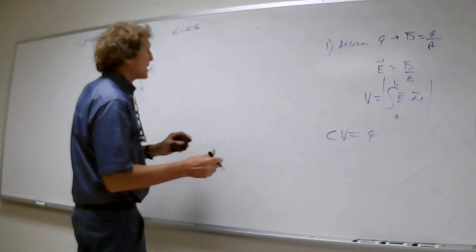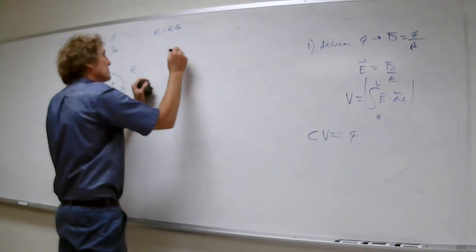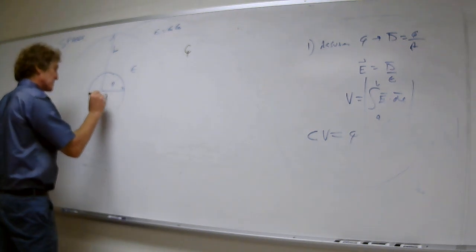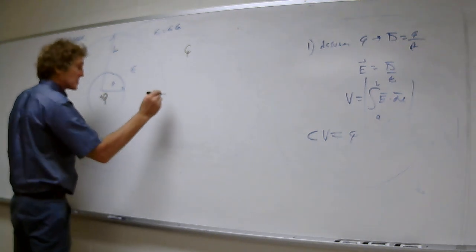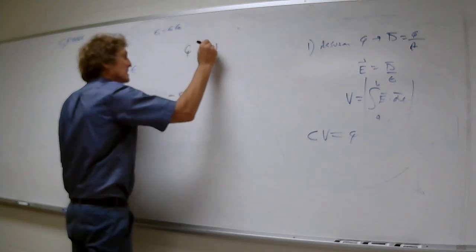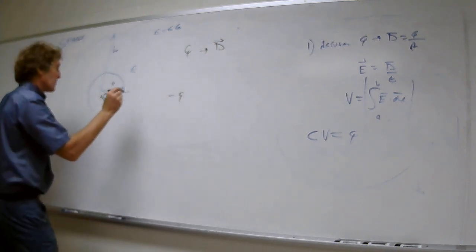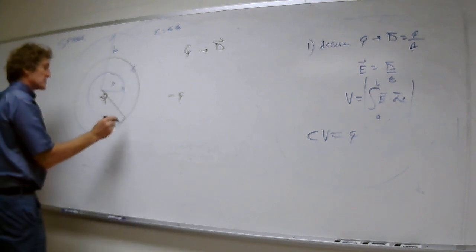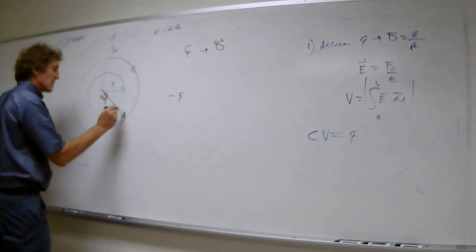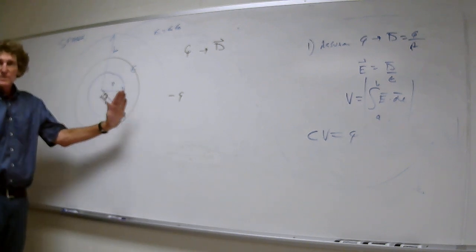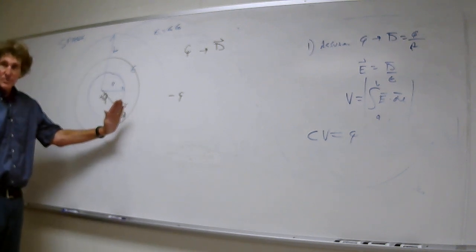Next, I'm going to assume Q on the inner surface. So plus Q is here, and the outer surface is going to have an induced minus Q. From Q, I get D. Now, if I come out between the two and draw a spherical surface at a radius r, I know that the integral of D dot dS over that surface is the charge enclosed, right?